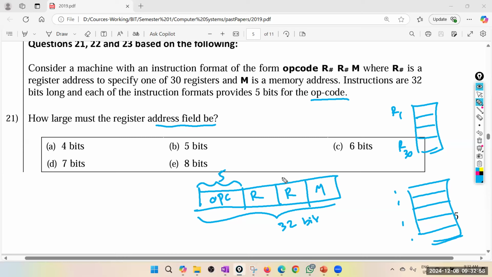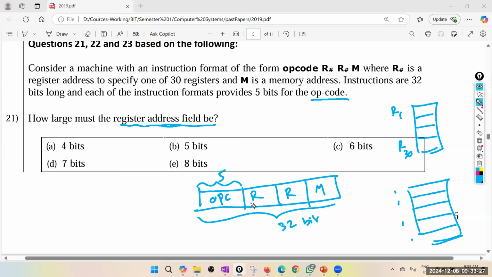Of course, the register fields must be of equal size. So, question one: how large must the register address field be? Remember, these questions talk about bits, so you are referring to the binary-level machine code after converting your assembly code. How do you decide the register address field size?